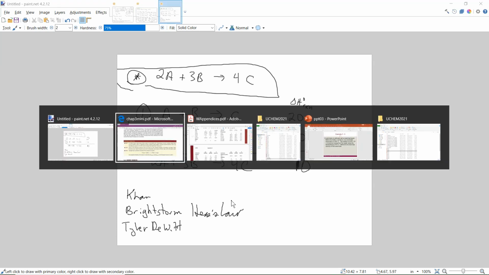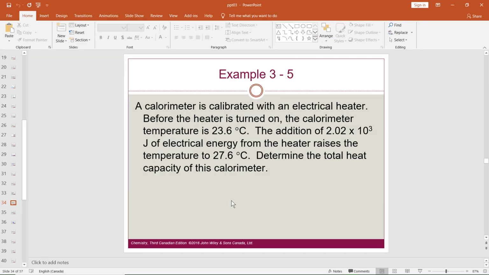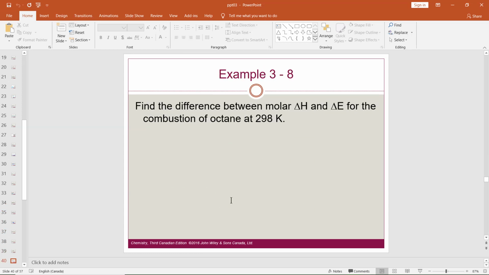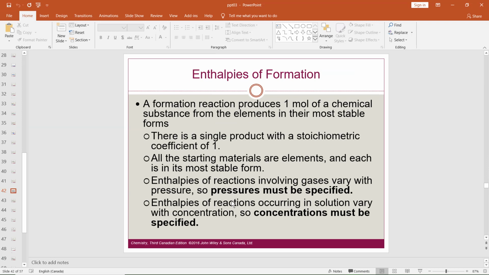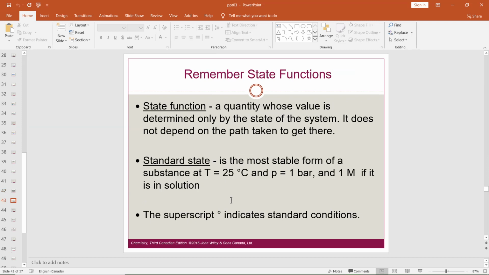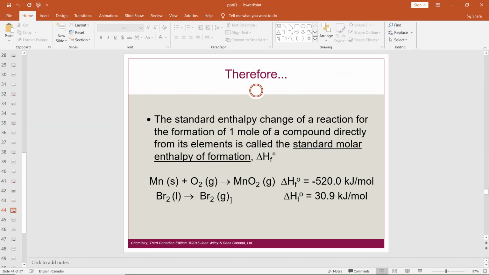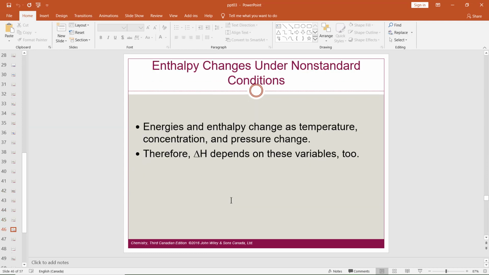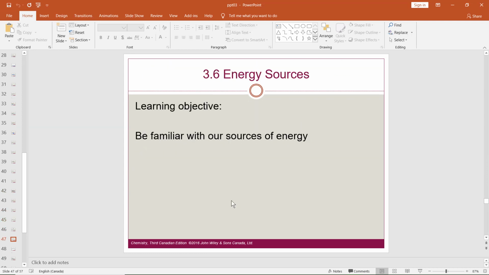Okay? So now, let's take a quick look at our PowerPoints. We haven't looked at them lately. Okay, this is all from previous stuff. Now is stuff we're doing now. Non-standard conditions, right. Okay, so it didn't really add anything else.